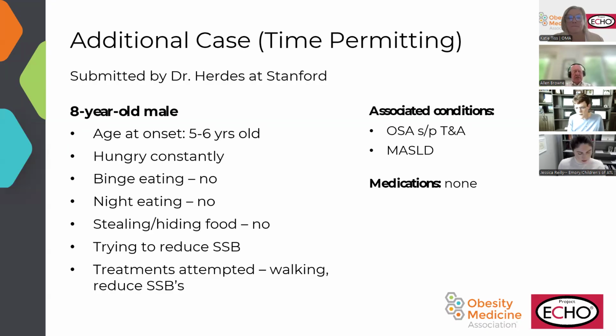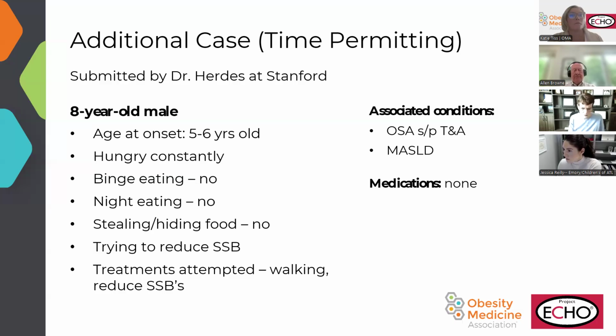Dr. Hurdes has tried to reduce sugar-sweetened beverages and has tried walking. His associated conditions are OSA, sleep apnea, and he's had his tonsillectomy and adenoidectomy, and he also qualifies for MASLD. He's not on any medications.